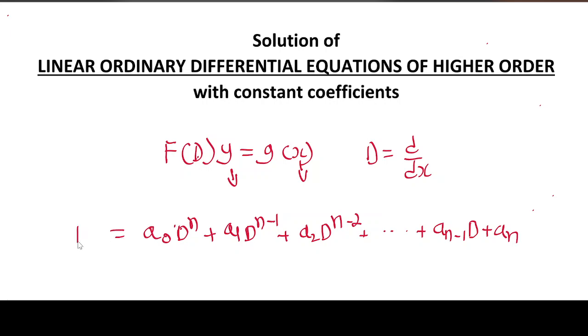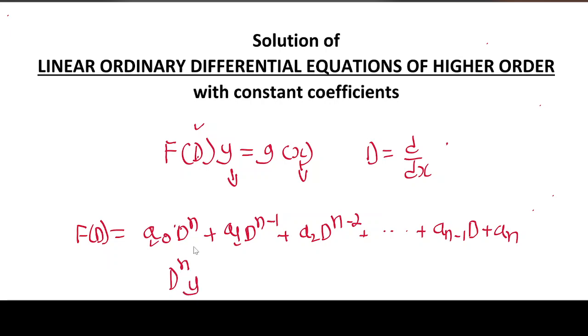This polynomial term in terms of capital D is known as the differential operator function. And here a is a function of x alone, there will not be any term of y, and D is nothing but d by dx. When I consider this LHS term, f of D into y, the first term becomes D power n into y.